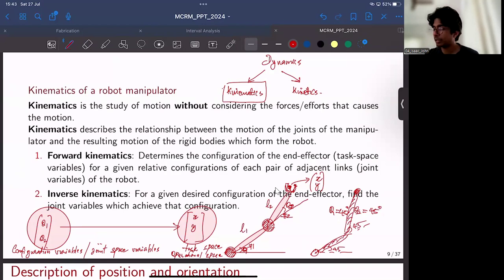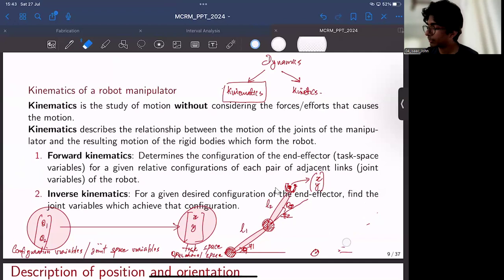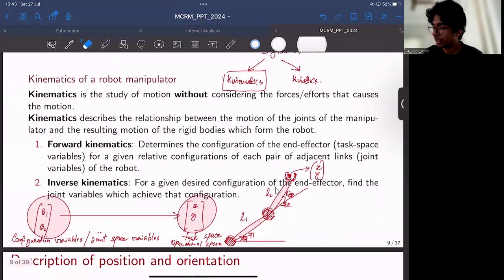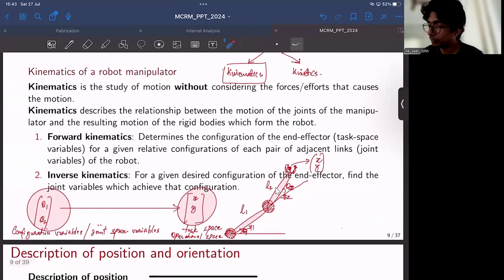So that is what forward kinematics is. And from week 2 lectures, you would be introduced to the tools or methods to describe the forward kinematics of serial manipulators. And the second problem we would be dealing with is called inverse kinematics.